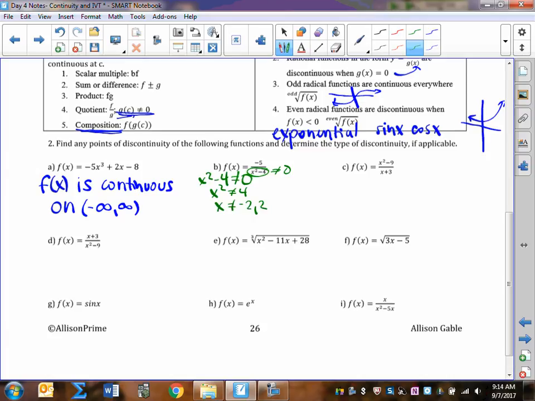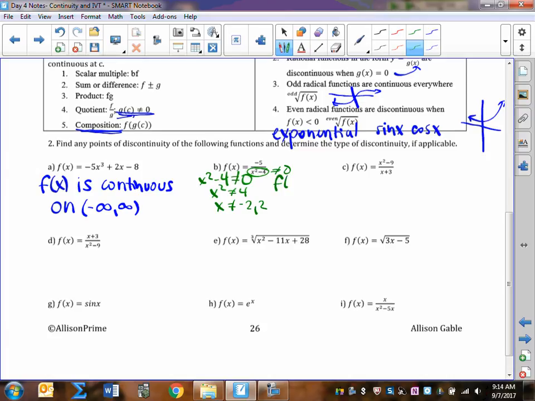What types of discontinuities are those going to be? Infinite. Remember, holes only come from when we have a factor reduce. If it makes my denominator 0 and it doesn't get reduced out, then we have that asymptote.